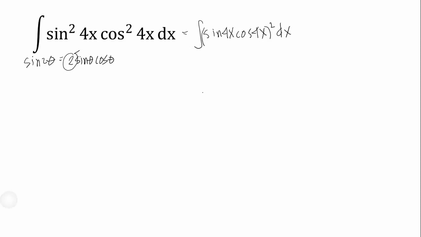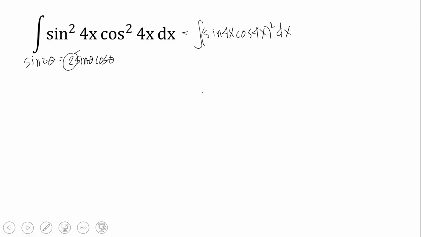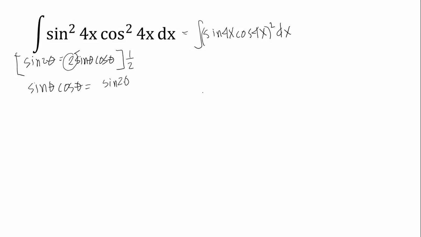So what we need to do here is to eliminate the 2. So how are you going to eliminate 2 here? You have to divide both sides of the equation by 2, or multiply both sides by 1/2. So we can rewrite the identity as sine theta cosine theta is equal to sine 2 theta over 2.